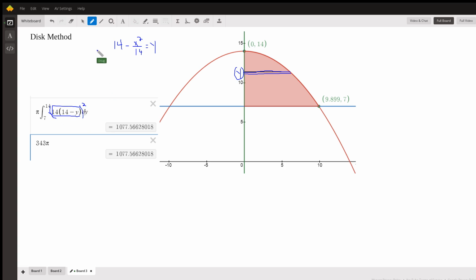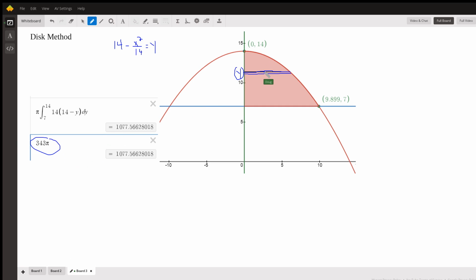And so that's why I just have 14 times the quantity 14 minus y, so I'll erase that. There's your setup of the definite integral. Distribute the 14, take the antiderivative, evaluate from 7 to 14. You still get the same thing, 343 over pi.